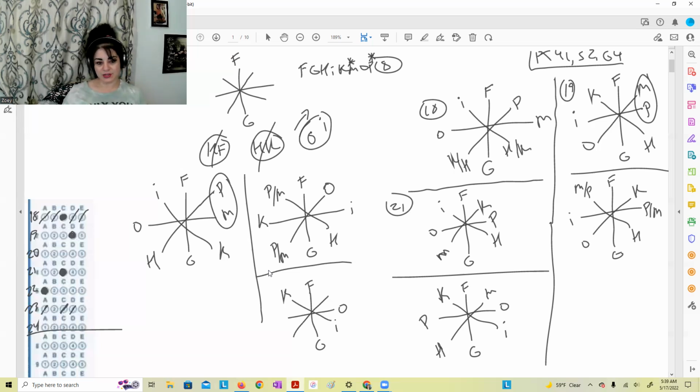So now H would have to go over here, so it won't be next to either F or K. And that means either P or M could go in either one of these spots. So either P or M could be next to O. So that means I can get rid of E. E, by process of elimination, is the correct answer.